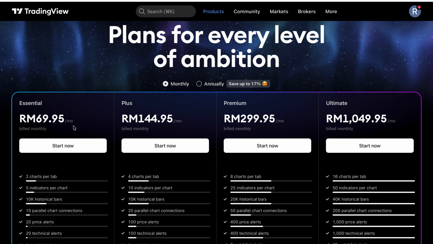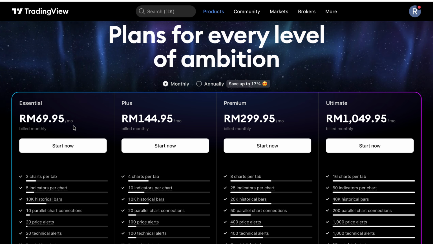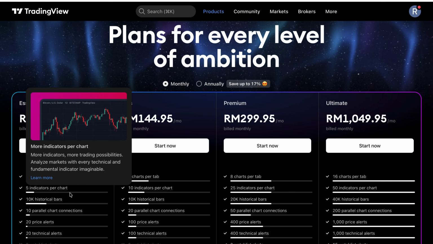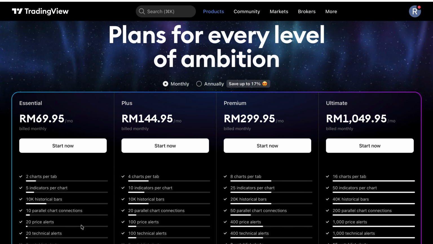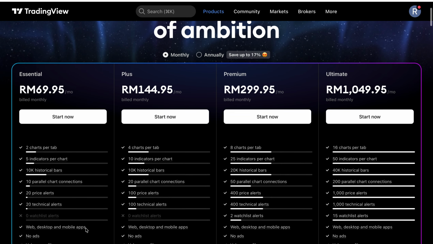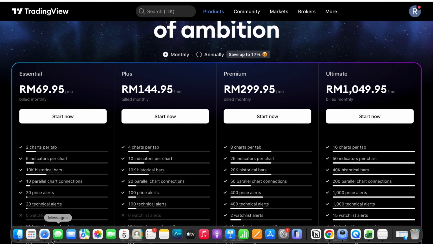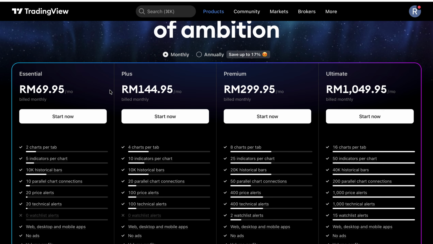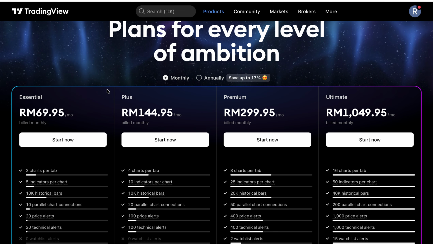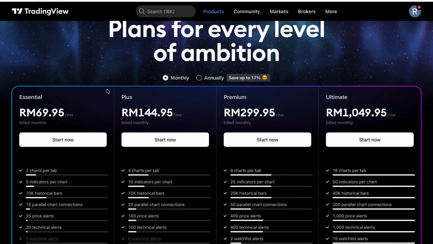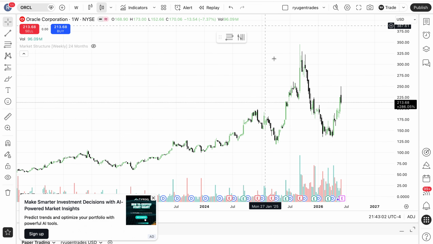So if you want to be as lean as possible, if you don't really need 2 charts per tab, 5 indicators, 10k historical bars, 20 price alerts, 20 technical alerts, well, you don't mind ads, you can just go with the free tier of TradingView, and that is just sufficient.